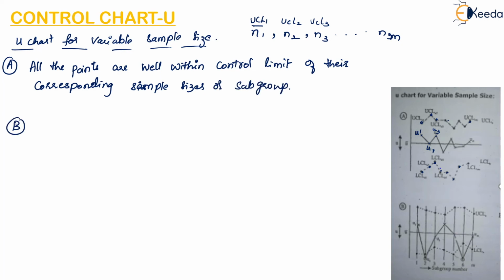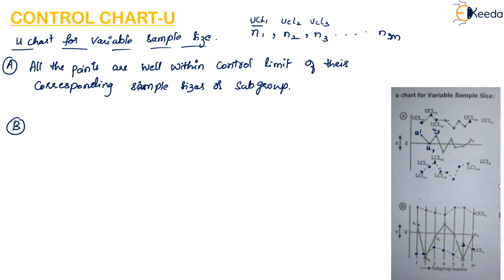From figure B, we can see that a few U values are crossing the lower control limit. Here this is the mark for the lower control limit, which is given by a dotted line. This lower control limit is for different sample sizes.